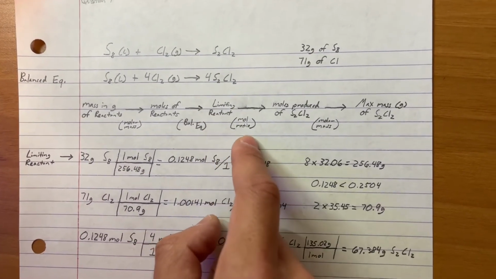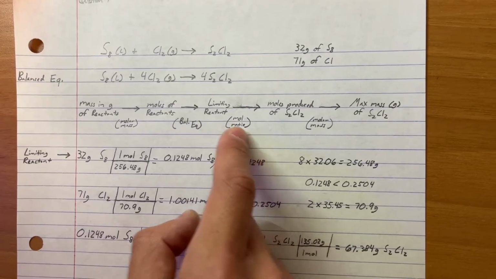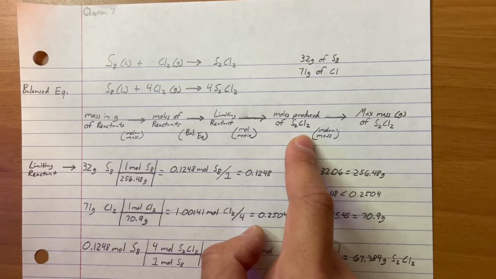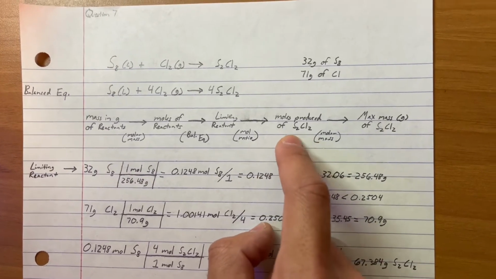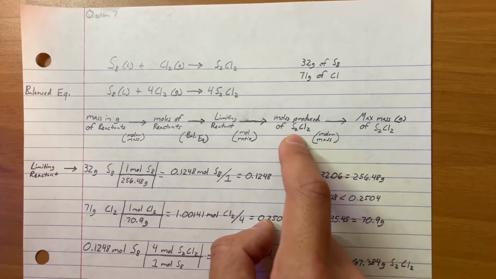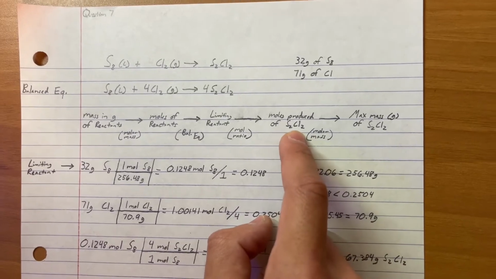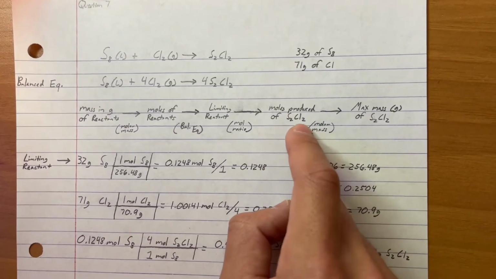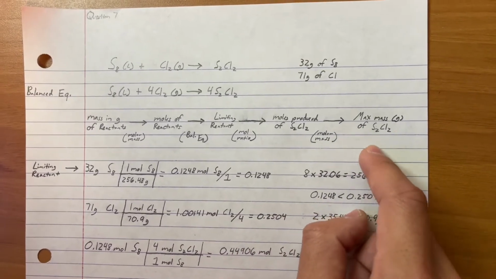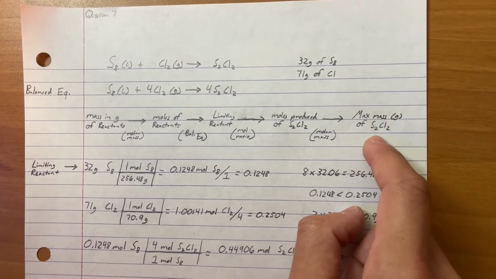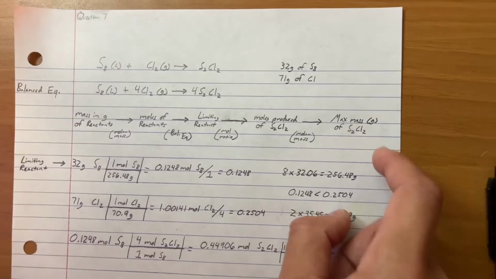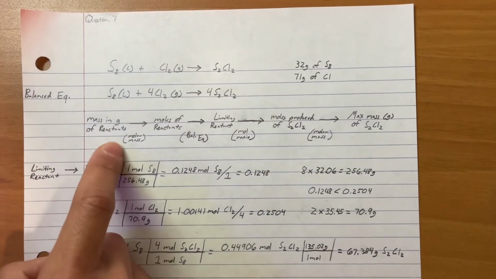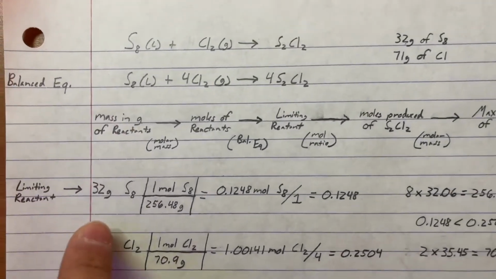Then we're going to use the molar ratio to see how many moles of the product are produced from that limiting reactant. And then we're going to use the molar mass of our product to find the maximum mass of our product.